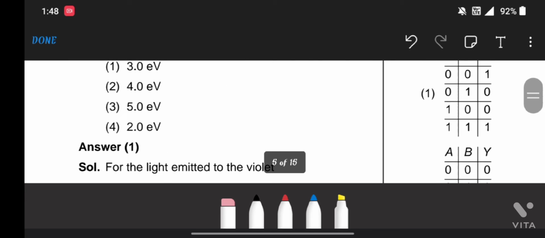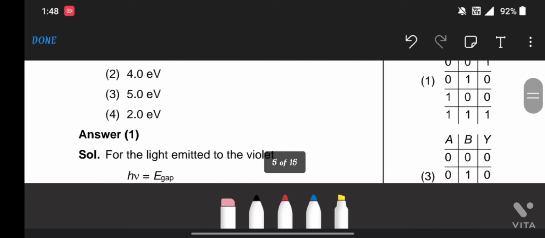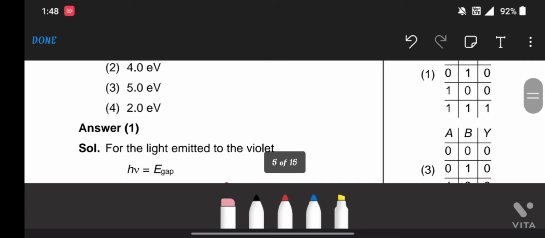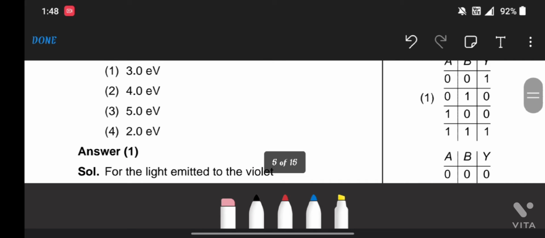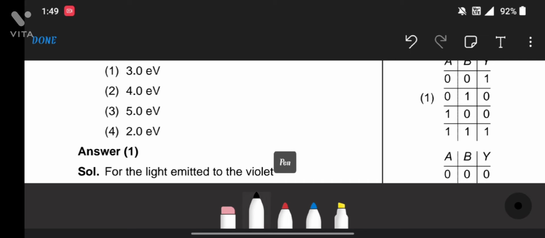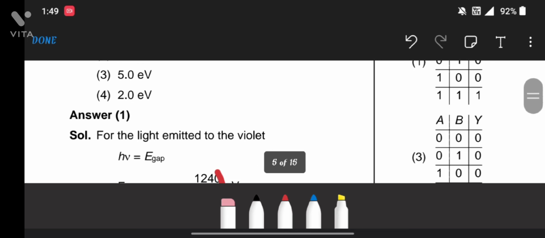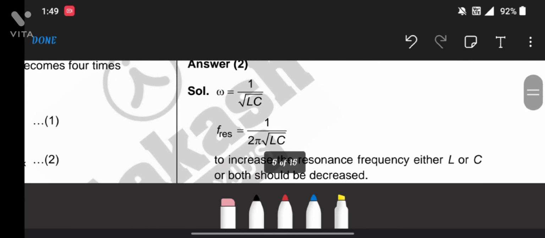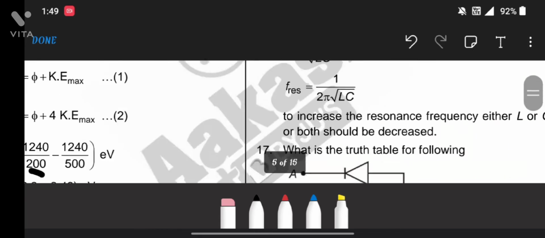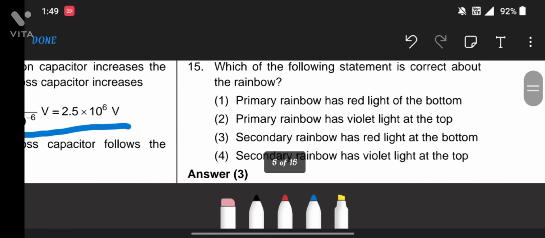It is not above 5, and 3.5 or 3.6 electron volt is not there, so 3.10 comes near to 3 electron volt. If we take the average, it is 3 electron volt. So option 1 is the correct answer for question number 14.